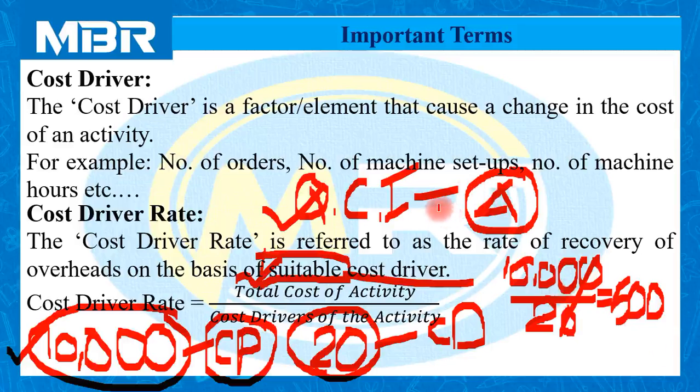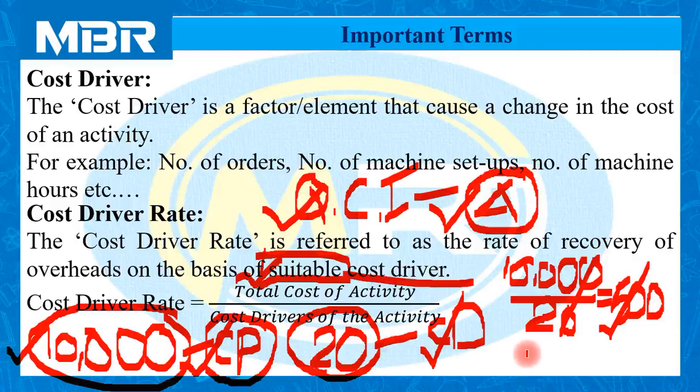So in this way, we have to understand activity, cost pool, cost driver, and on the basis of cost pool and cost driver, we can easily calculate the cost driver rate.